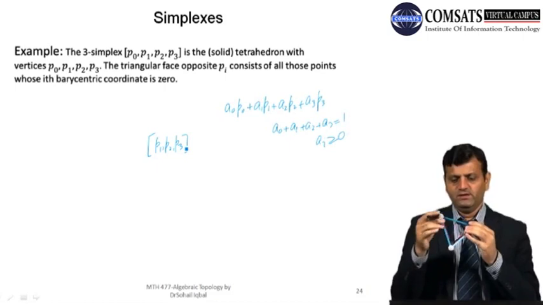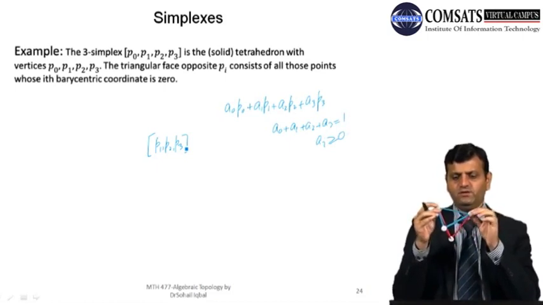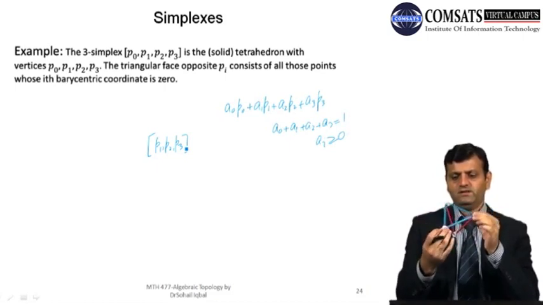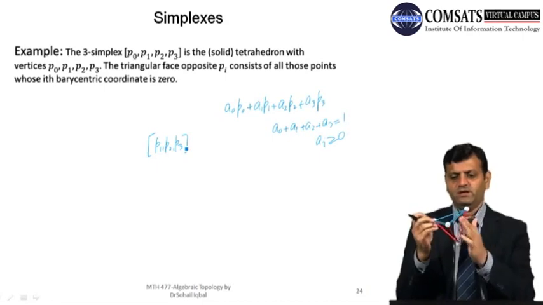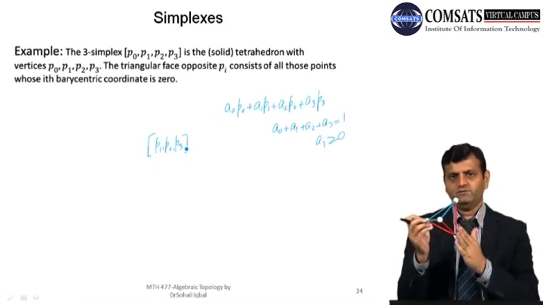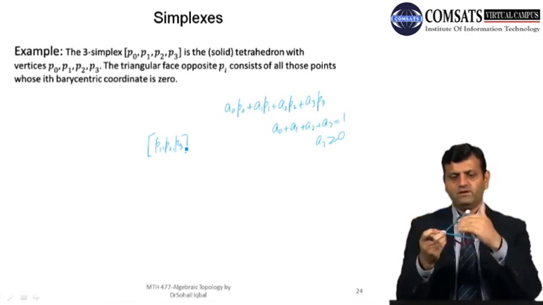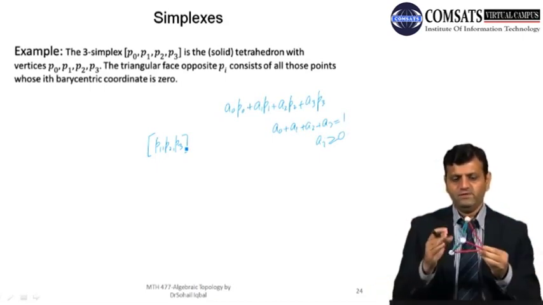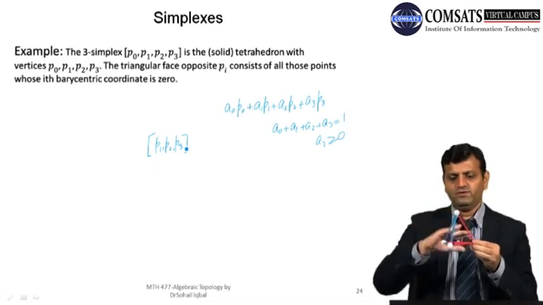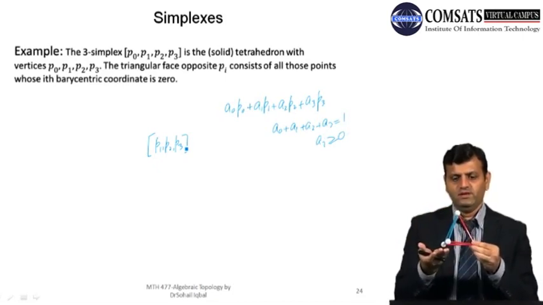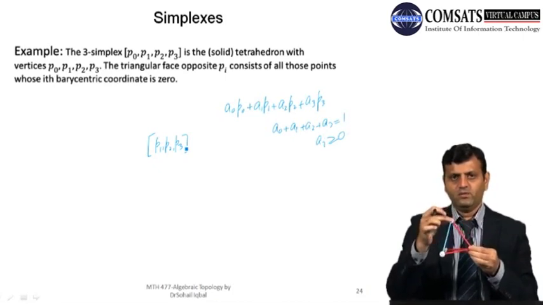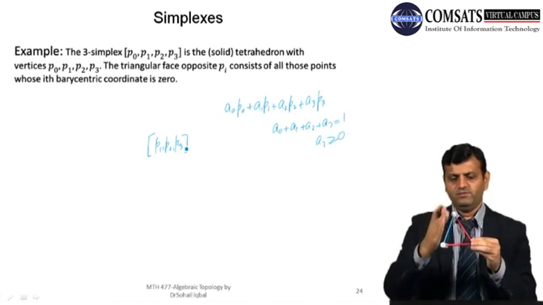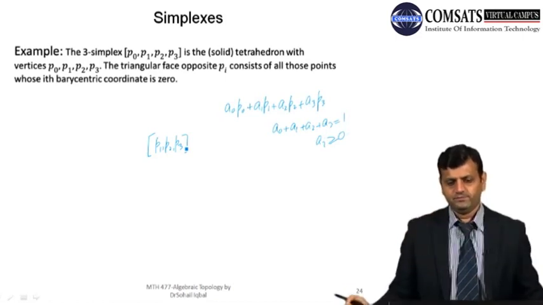If this is P0, and this is P1, then this face is generated by P0, P2, P3. Similarly we can find other faces of this tetrahedron. How many faces are there? 1, 2, 3, 4 faces. In each face I am just deleting one of the points. Deleting P0 will give me this face, deleting P1 will give me this face, and so on.